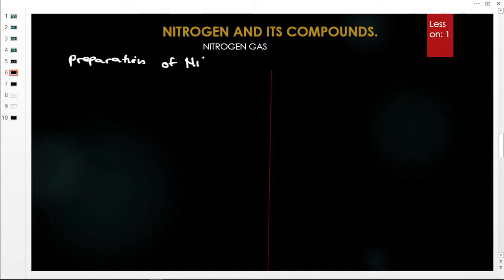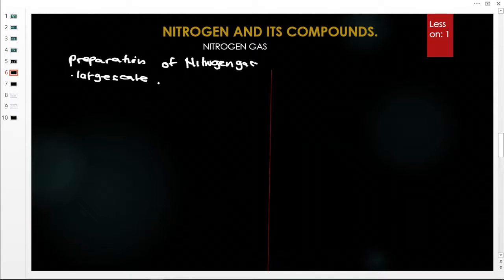We have said nitrogen is found in the air in a free state as a diatomic gas. So we can prepare it from the atmosphere, and even within the laboratory. There are two methods of preparing it. We can prepare it on a large scale, when we need it in large amounts.